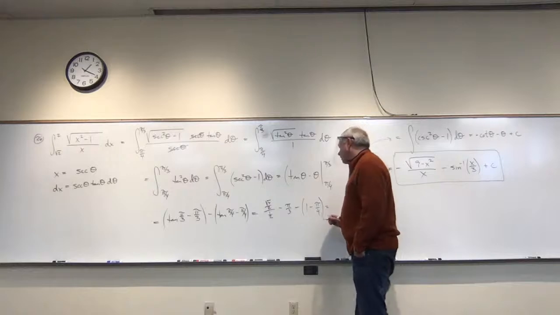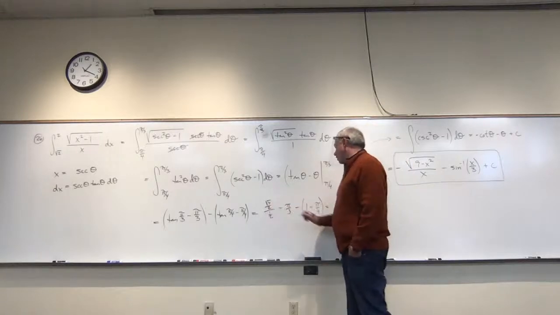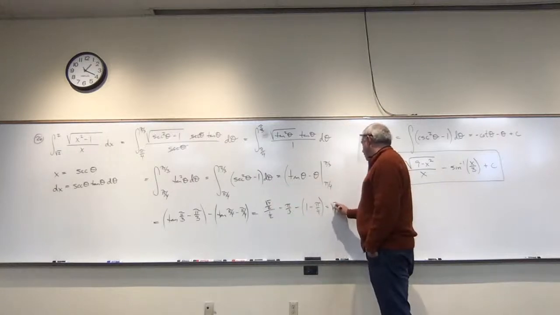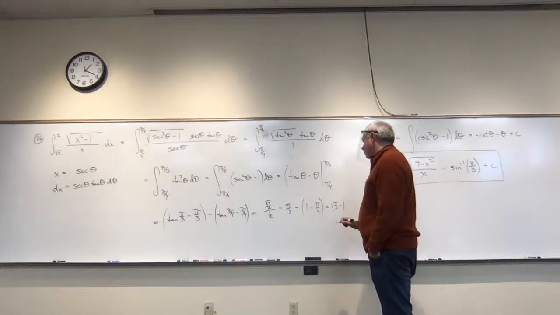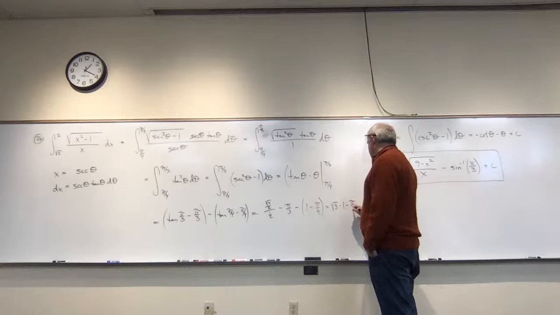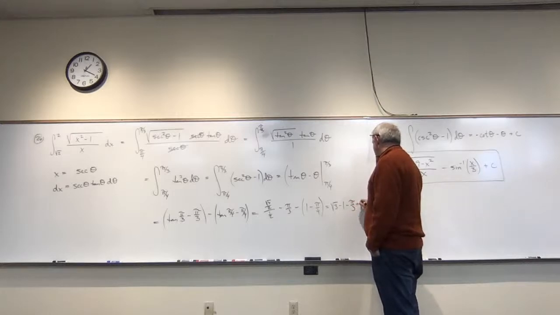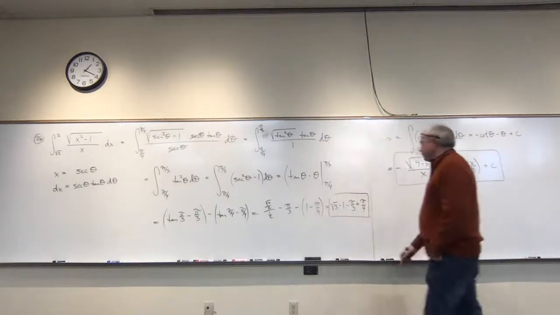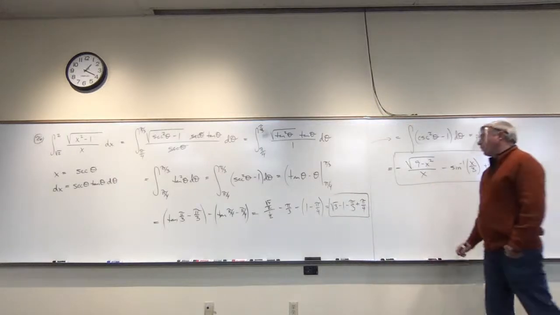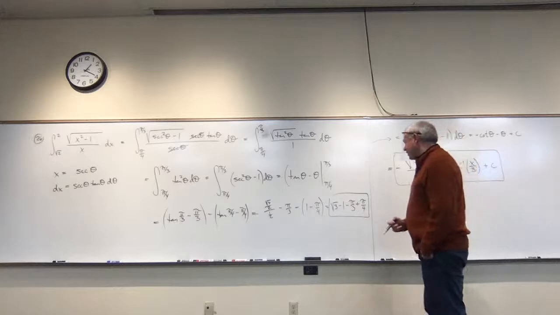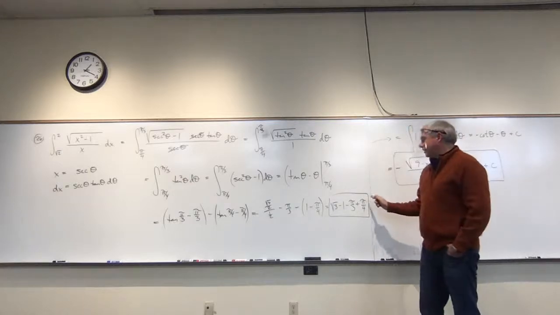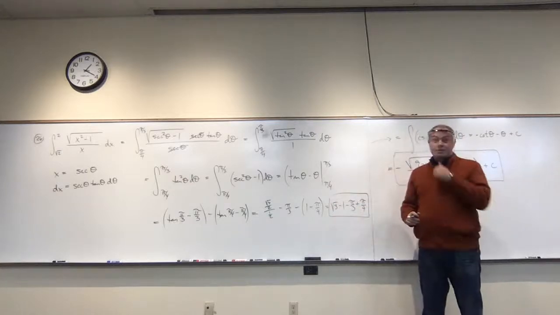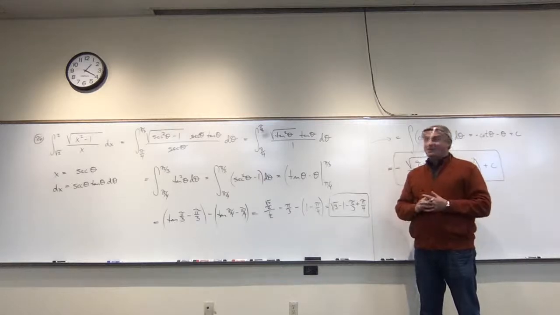Now let's combine things. This is just root 3. So I've got square root 3 minus 1 minus pi over 3 plus pi over 4. And I don't really know if we're going to get much better than that. One thing I would do personally is say, okay, is this actually a positive number? Because it'd be really nice if it were. Correct?